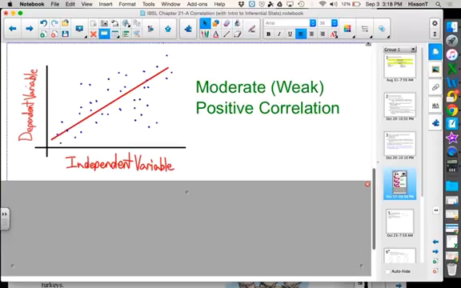Now, even though something is a moderate or weak correlation, it still could be statistically significant. Okay? In fact, a lot of times we'll see moderate or even weak correlations where, if it came from enough data points, it would still actually be significant.